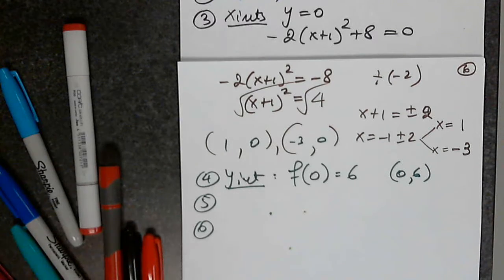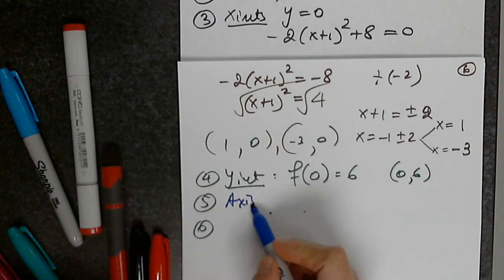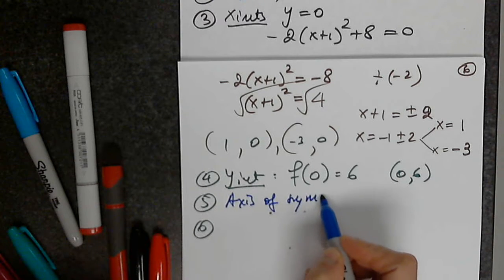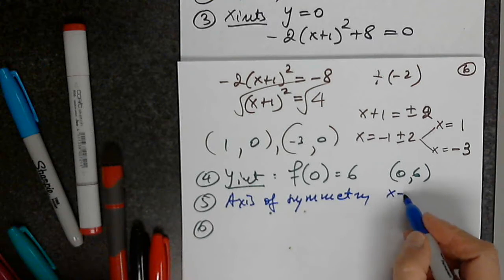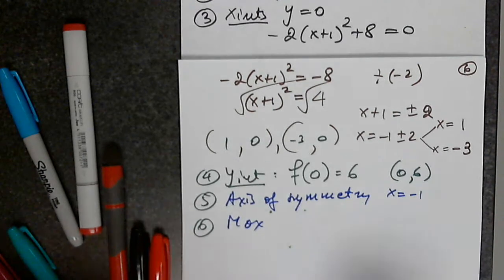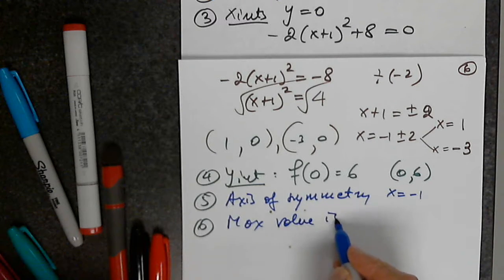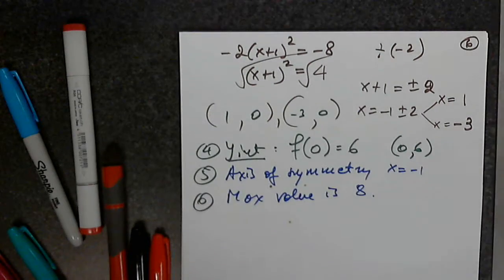Now two words here, just words 5 and 6. Axis of symmetry. Very good. And the maximum, since it has a maximum value, is 8. That's it. So let's graph it.